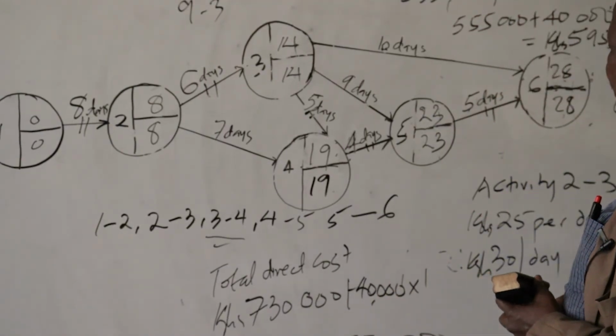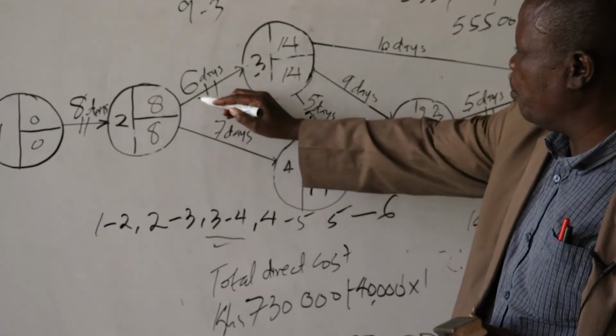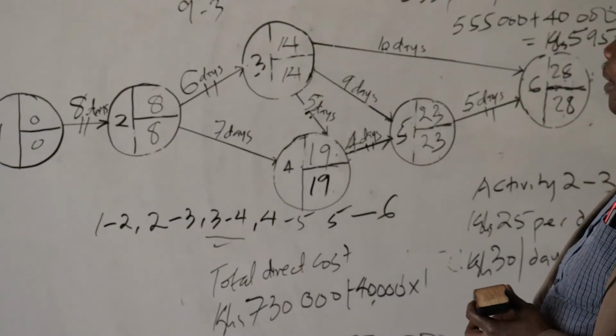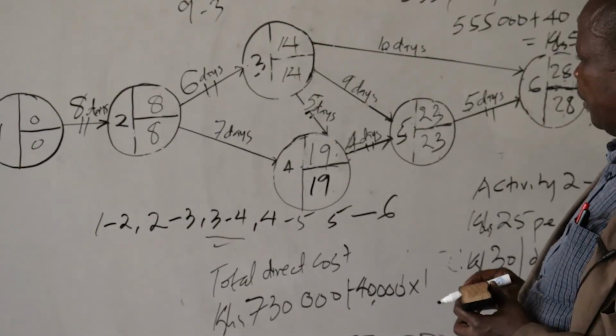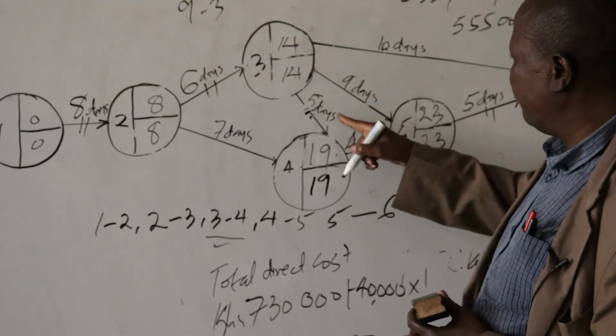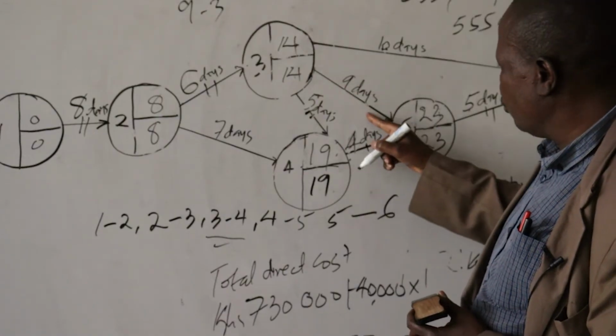There is a pattern which has developed. This one is the critical path, plus another critical path has been developed. 5 to 4 is the same as this one here: 5 plus 4 is 9, and this is also 9.